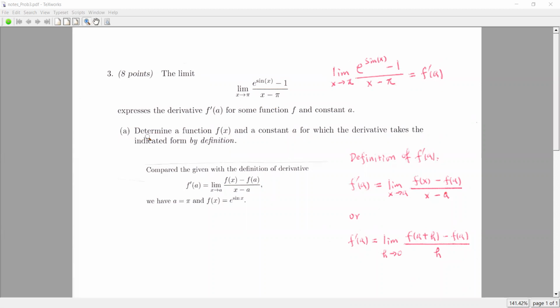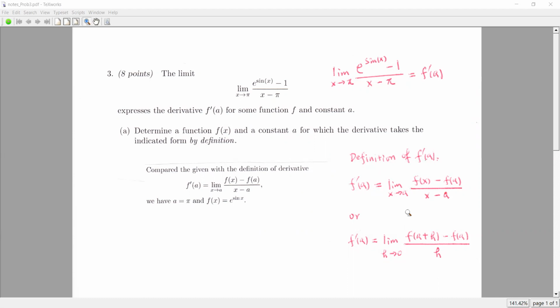Part A. Determine a function f and a constant a for which the limit takes the indicated form by definition of the derivative. The definition of derivative is either this limit formula or this limit formula. These two formulas are from section 3.1.